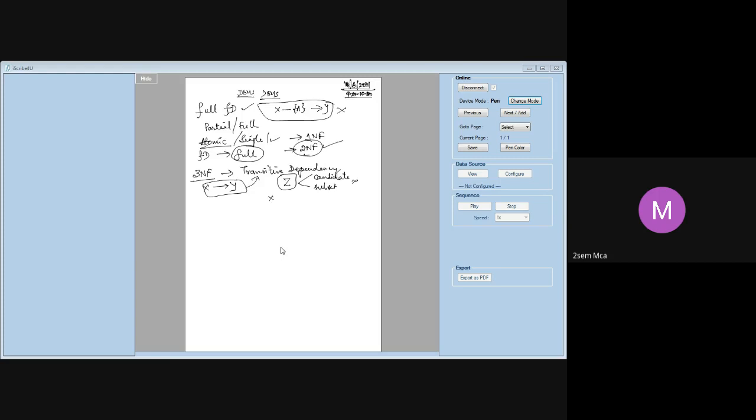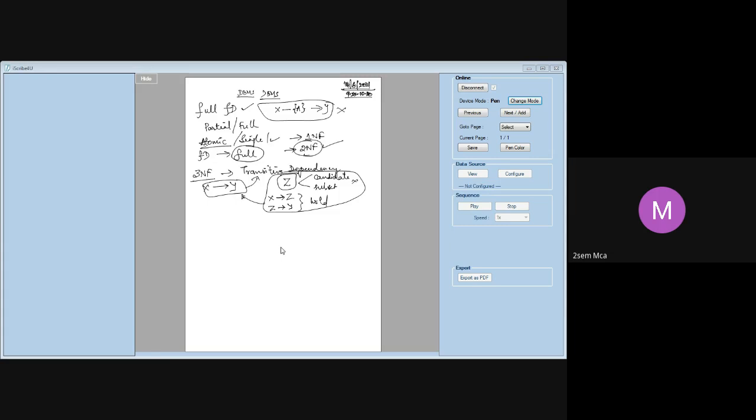And then it should hold this particular dependency: X determines Z, Z determines Y. These two functional dependencies should hold. If all these conditions are satisfied, then we say X determines Y is a transitive dependency.